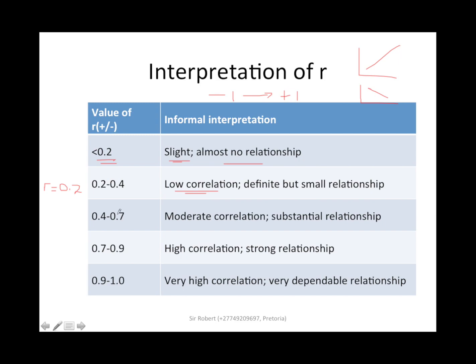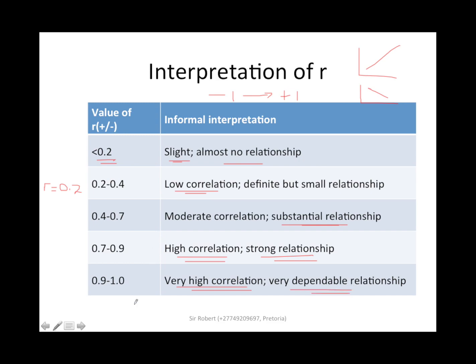From 0.4 to 0.7, it's a moderate correlation, but there is a substantial relationship. From 0.7 to 0.9, it's a high correlation, meaning that there is a strong relationship. From 0.9 to 1.0, it's very high correlation, very dependable relationship.